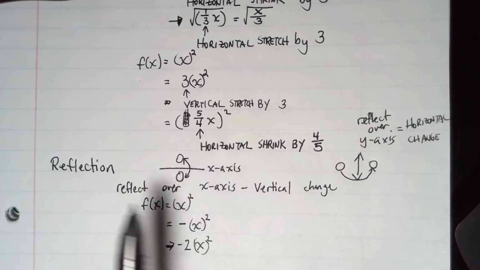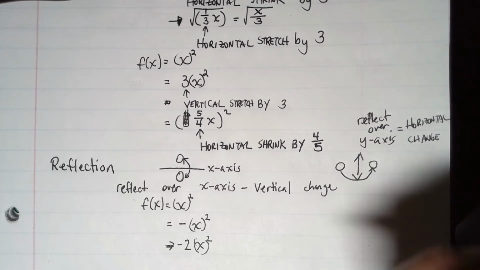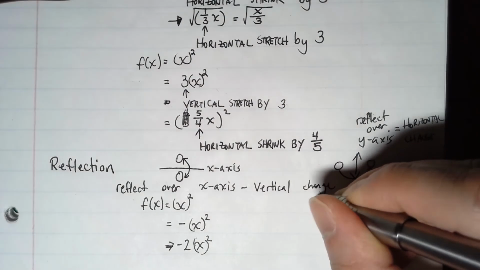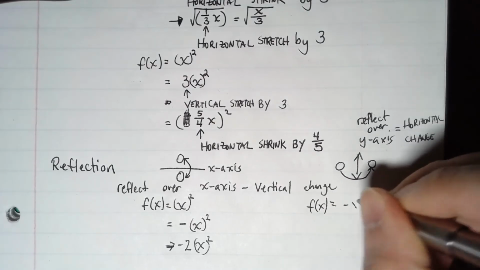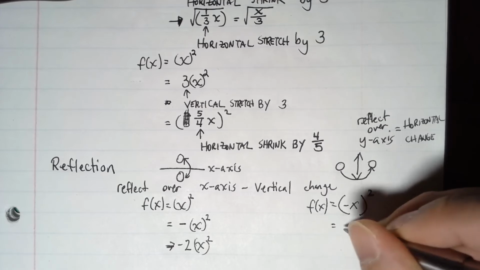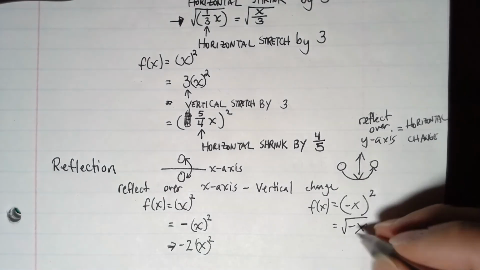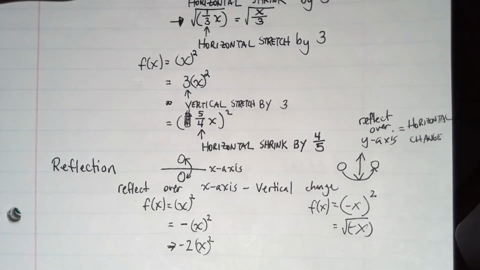So you know you have a reflection if you're multiplying by a negative sign. So we just need to multiply the inside by a negative sign. An example would be x inside the parentheses squared. Another example would be square root of negative x. As you can see, the negative is inside the parentheses.